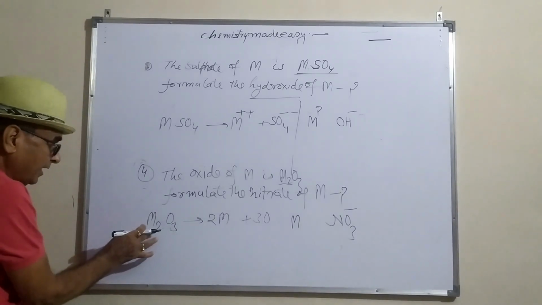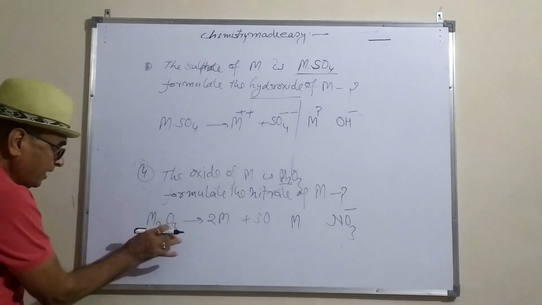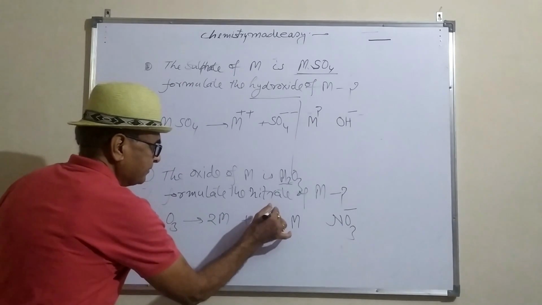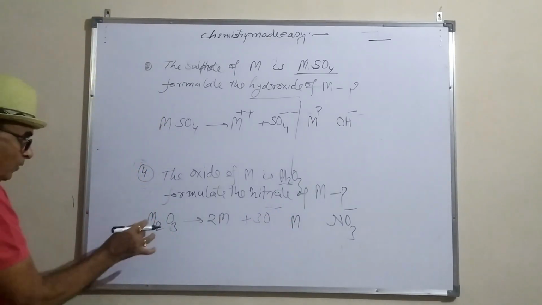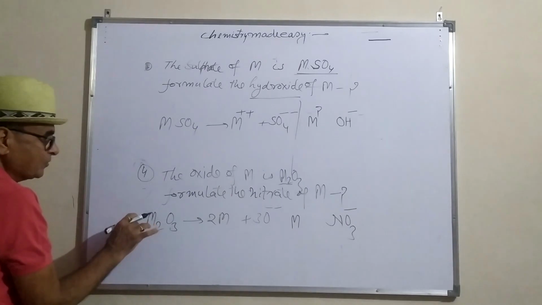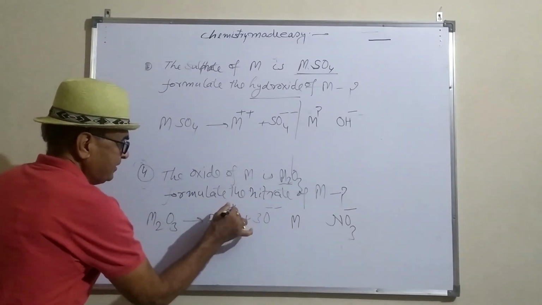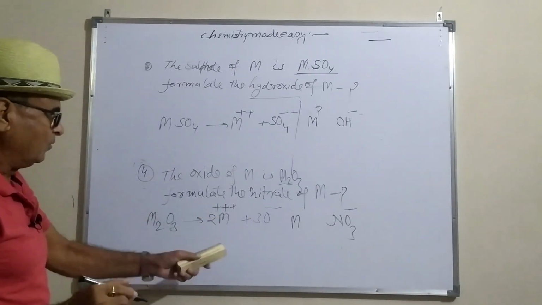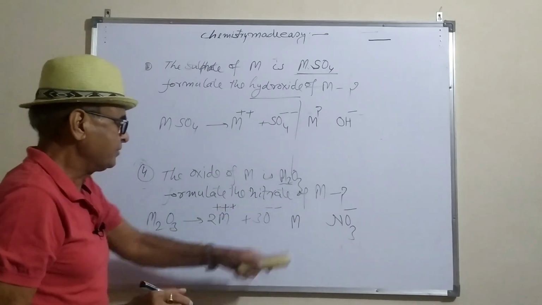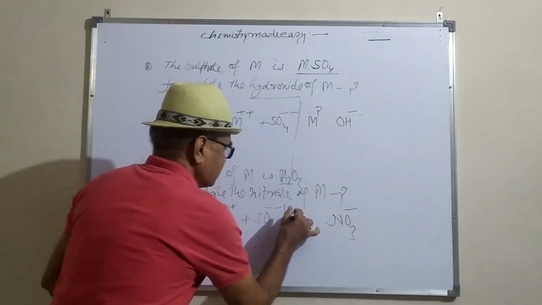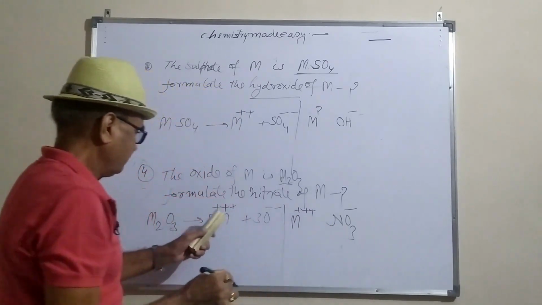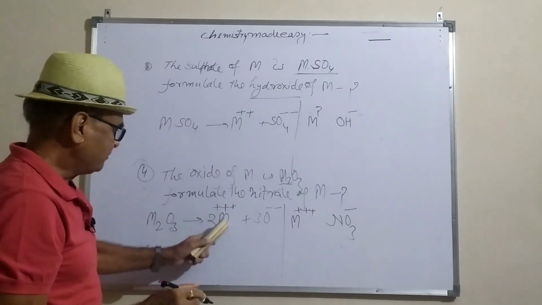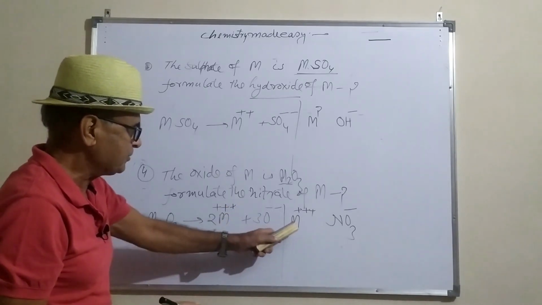Here you are noticing that M is multiplied by 2, and O, oxide double negative, is multiplied by 3. So the charge of the M will be 3 positive. We found out the charge of the M is triple positive.